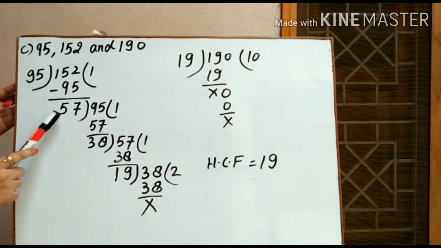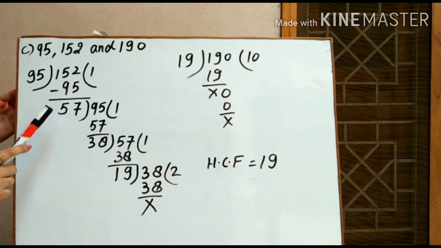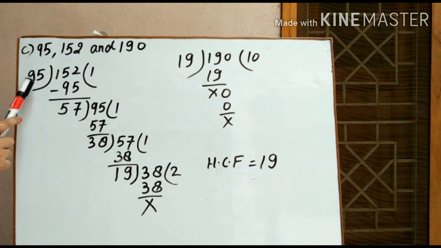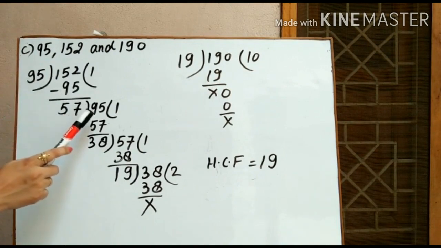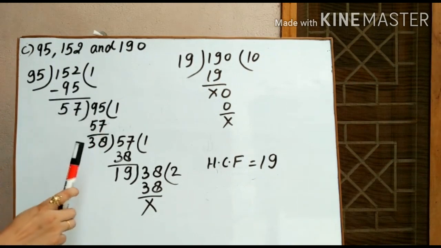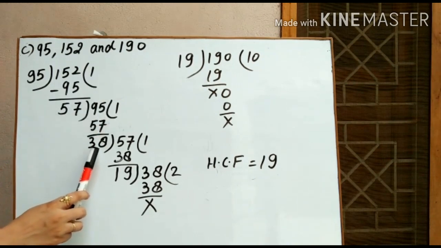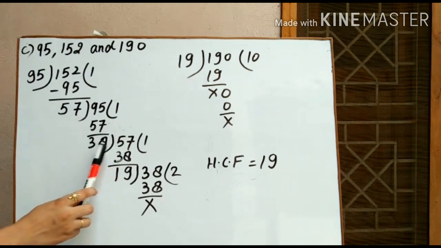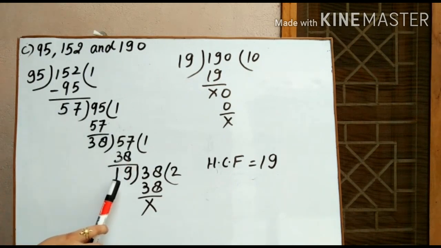After subtraction, we will get 57 as remainder. Now remainder will become divisor and first divisor will become dividend. 57 1 ja 57. What is remainder? 38. And 38 will become divisor and the previous divisor will become dividend. 38 1 ja 38. 19 as remainder.